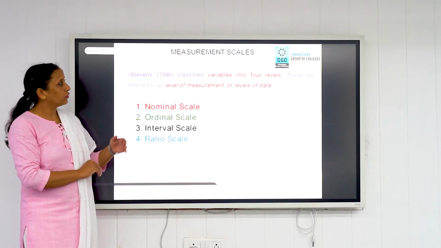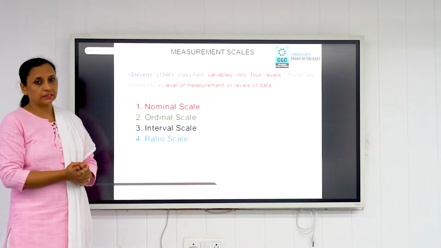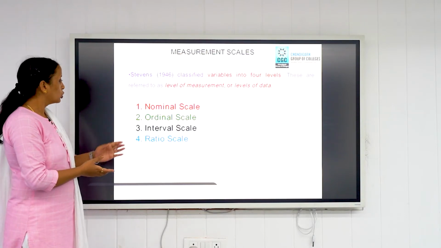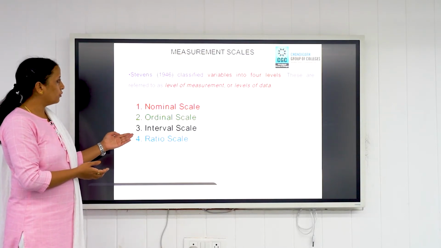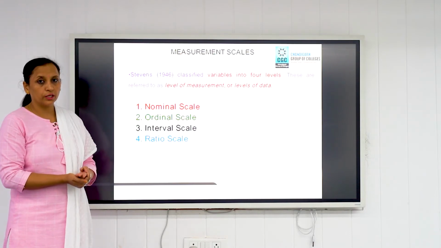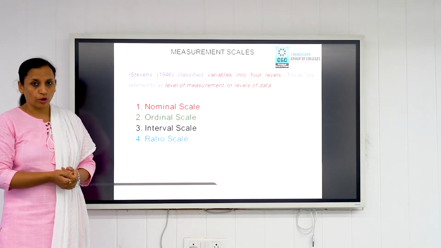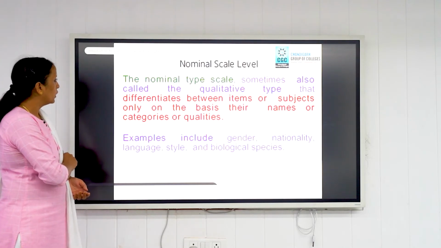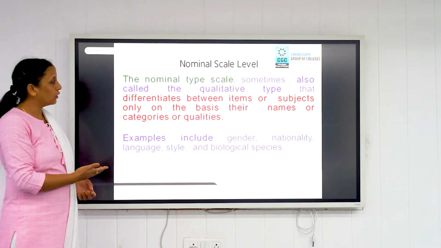Right, and then one more term, that is the measurement scale. We must be aware of the measurement scale in statistics. There are four levels: first the nominal scale, second the ordinal scale, then the interval scale, and the ratio scale. So what is the nominal scale?